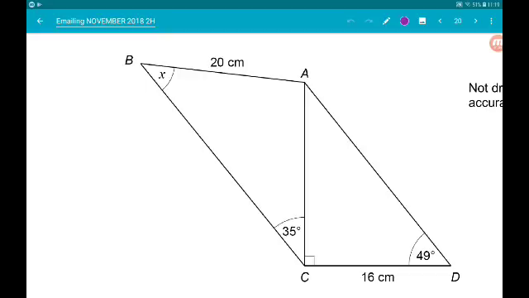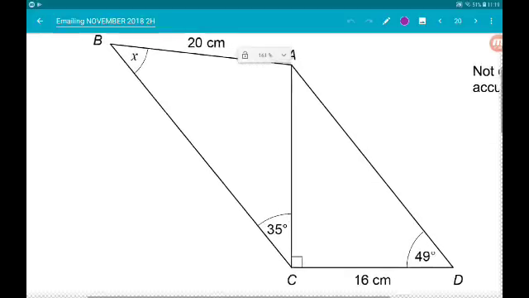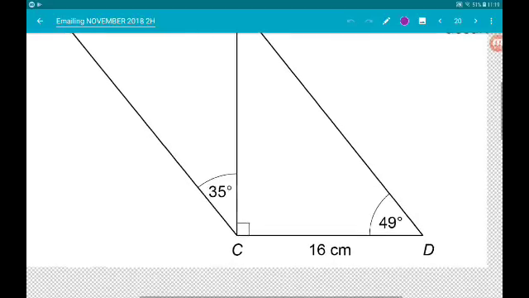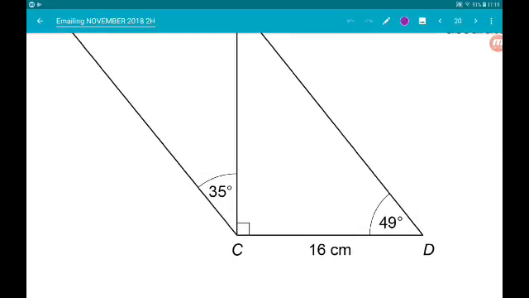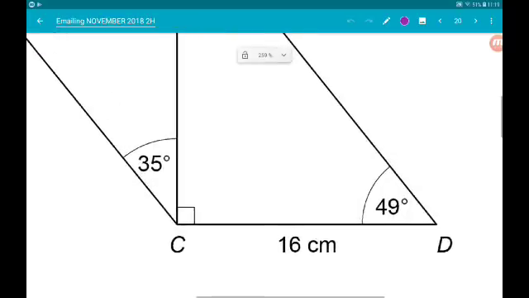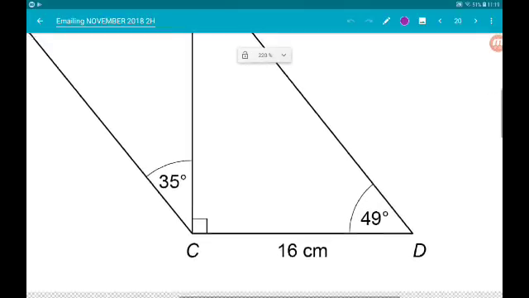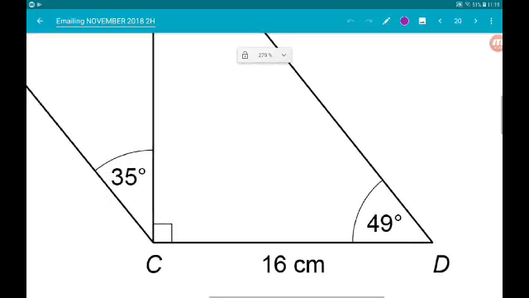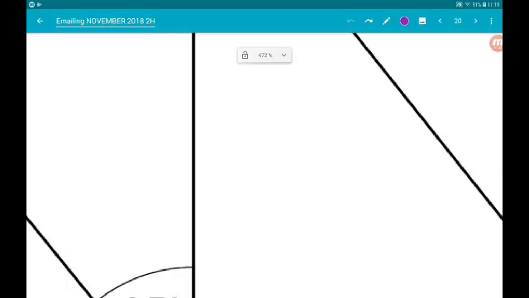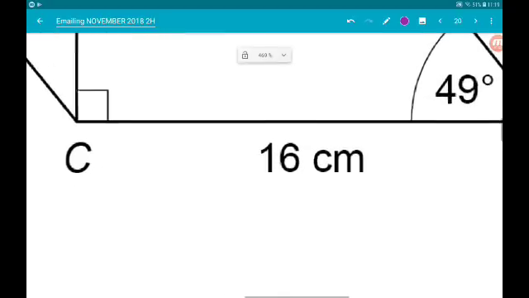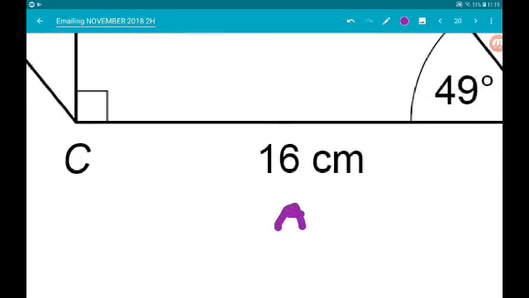So, this triangle on the right is a right-angled triangle. Inside of right-angled triangles, we can play SOHCAHTOA. So, we know this angle, and we know this length. So, with regards to this angle, this line here is the opposite, and this length is the adjacent.